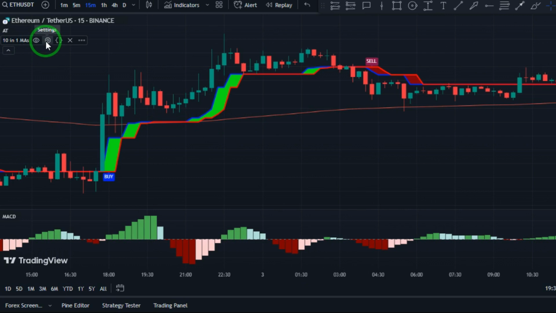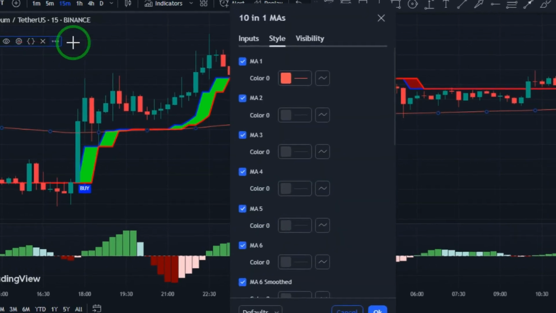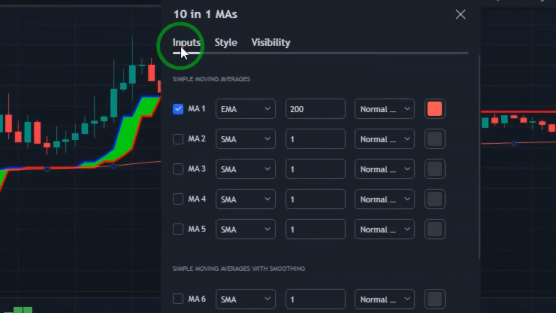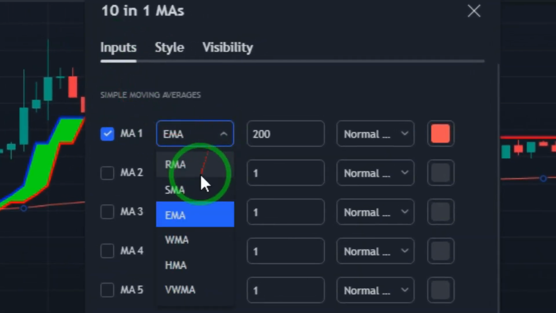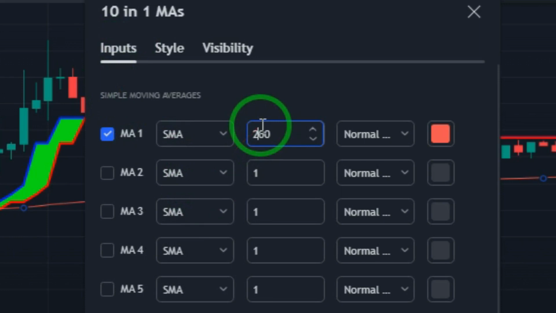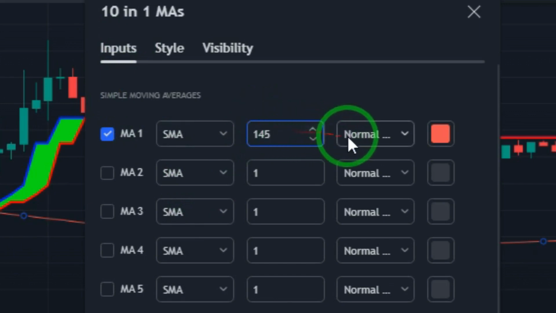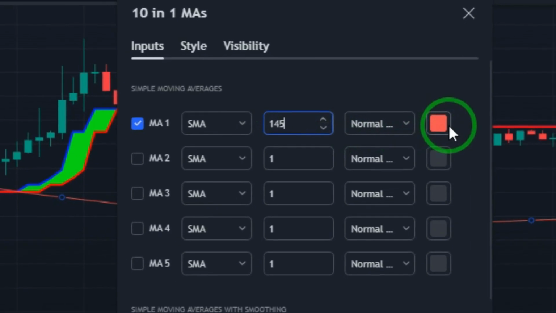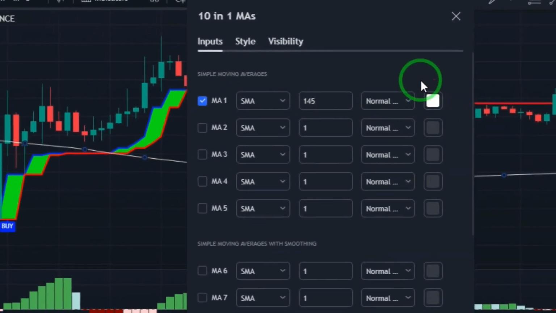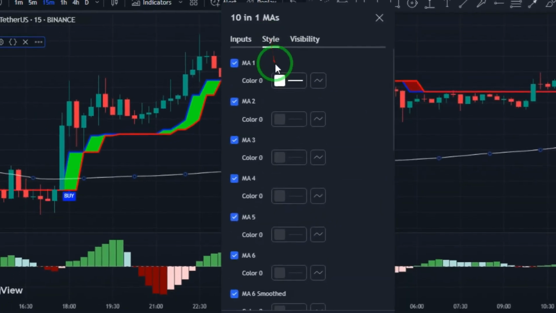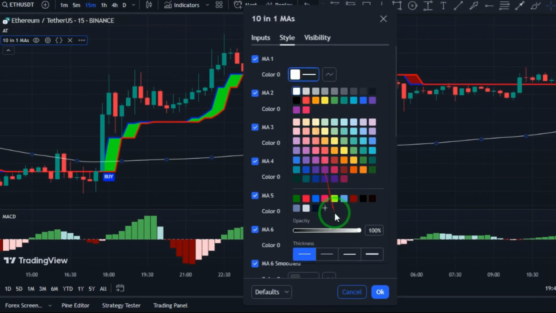Under the Input tab, set the method to SMA and the period to 145. Adjust the color and thickness of the indicator line under the Style tab. This indicator will act as a robust trend filter alongside the MACD, ensuring high probability trades.